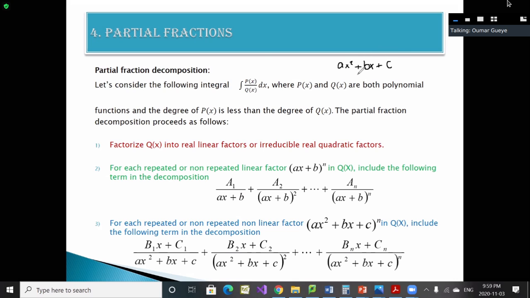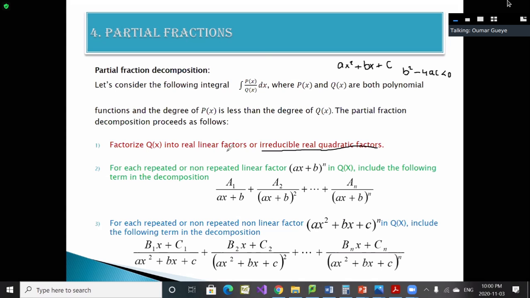This quadratic is irreducible if and only if we cannot factorize it. To know whether it's possible to factorize, you calculate b squared minus 4ac, and if this is negative, we cannot factorize. That's what we mean by an irreducible quadratic factor. And real means the coefficients are real numbers.